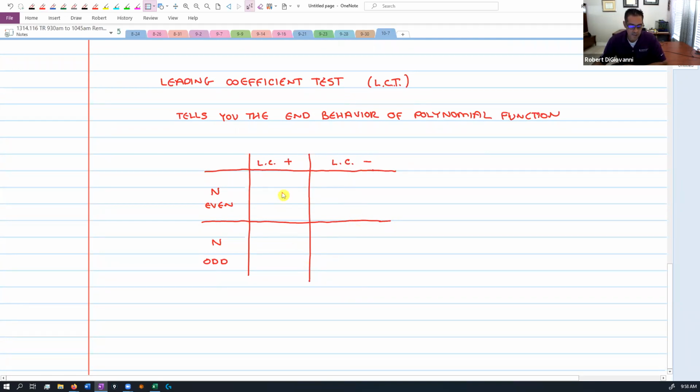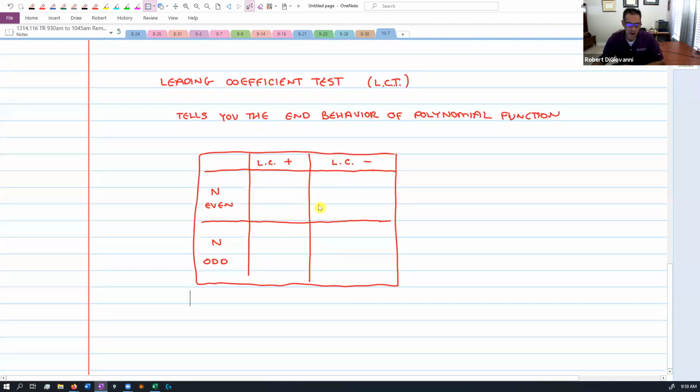In each of these boxes that's remaining, you can close this off if you want. You don't have to. In each of these boxes, I'm going to tell you what the end behavior is going to be. So I'm going to put up on the left, up on the right, and in the middle, I want you to put a question mark.